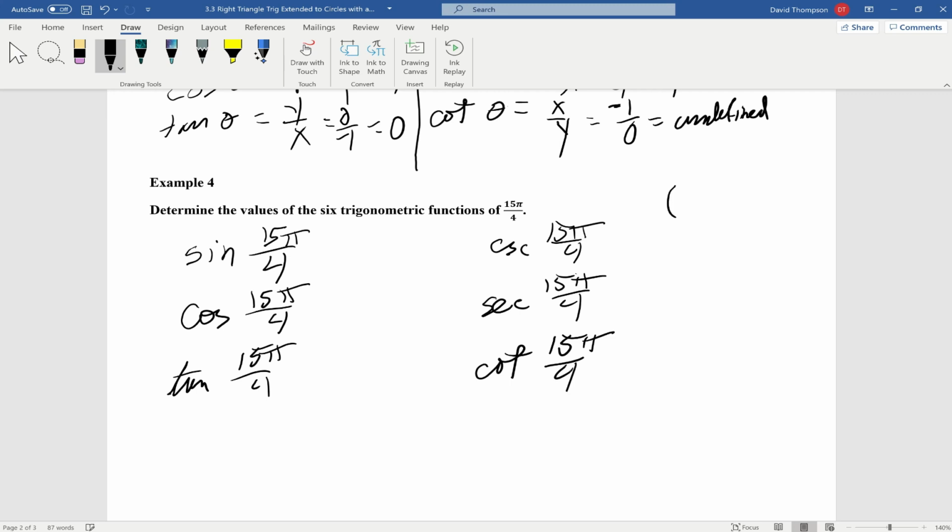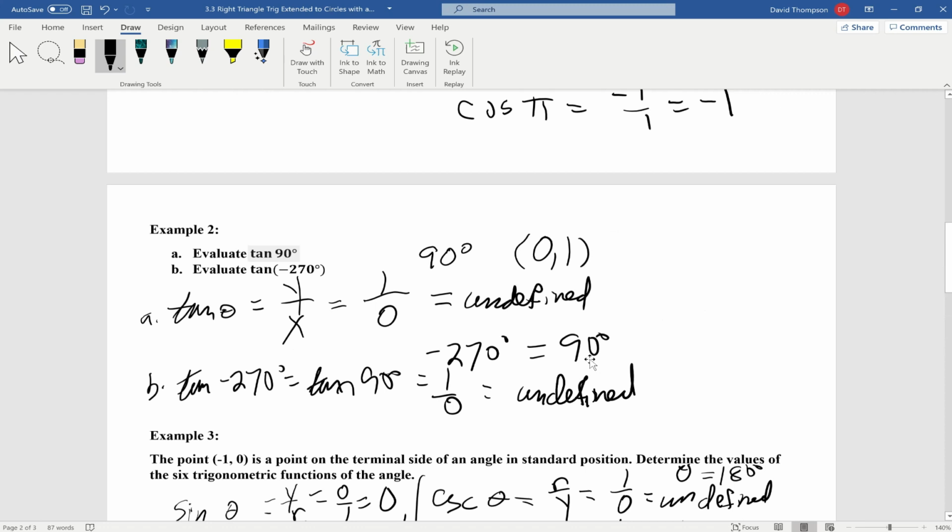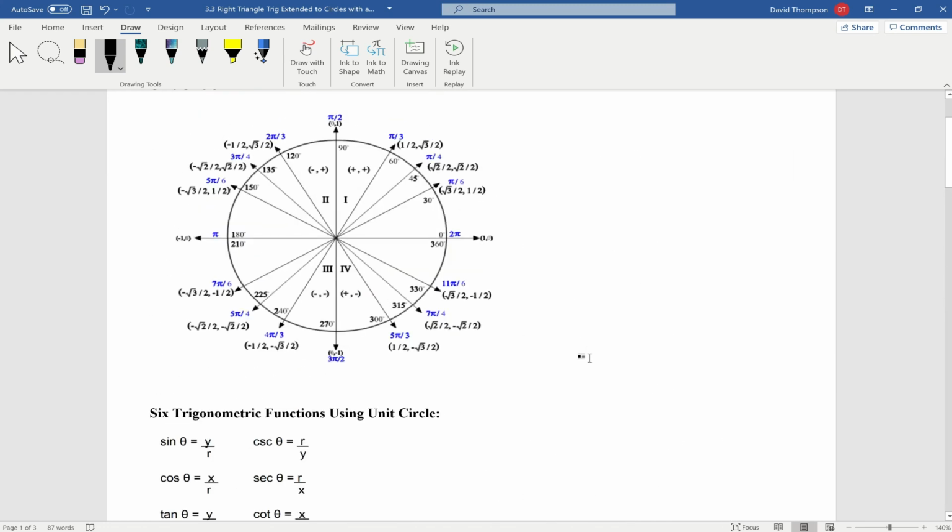So now we need our coordinates. We find 15 pi over 4 on our unit circle. If we look at our unit circle, 2 pi is the same thing as 8 pi over 4.